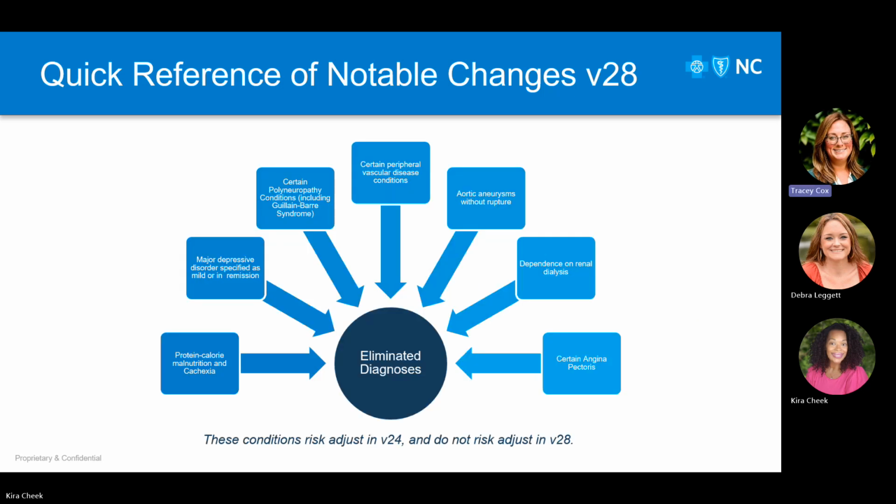Conditions which no longer risk adjust, however, if prevalent, should be coded, such as protein calorie malnutrition and cachexia, major depressive disorder specified as mild or in remission, certain polyneuropathy conditions, including Guillain-Barré syndrome, certain peripheral vascular disease conditions, aortic aneurysms without rupture, dependence on renal dialysis, and certain angina pectoris conditions.